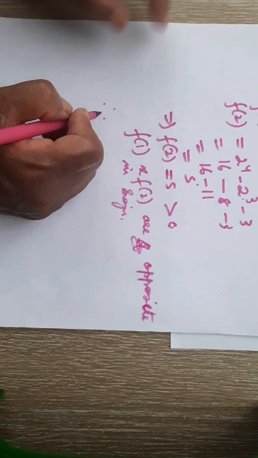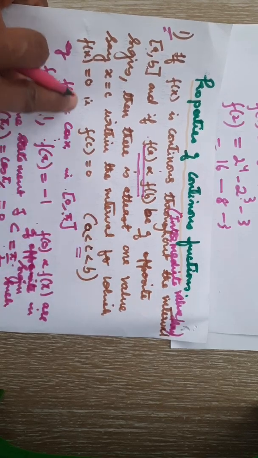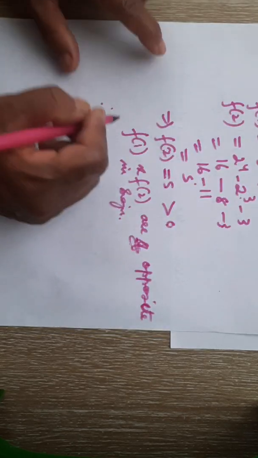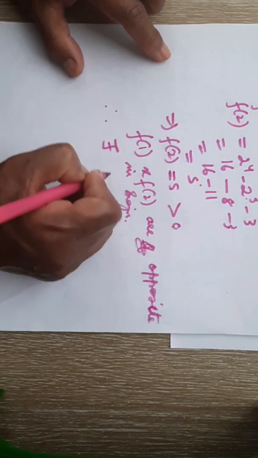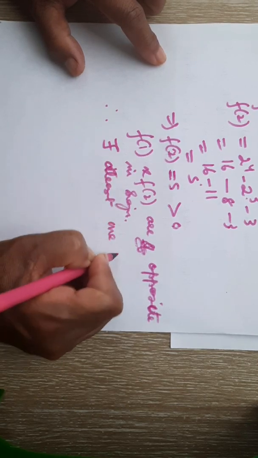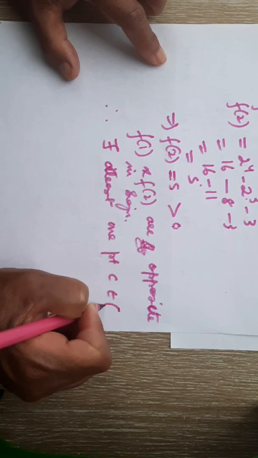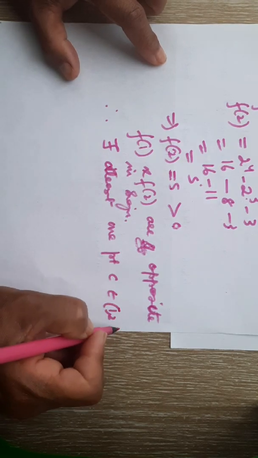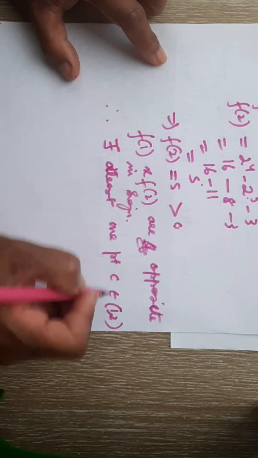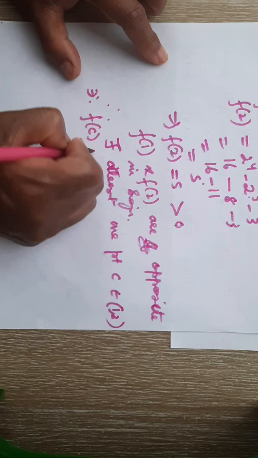Therefore, by the intermediate value theorem, that is the first theorem, there must exist a point c lying between 1 and 2 for which f(c) = 0. So therefore, there exists at least one point c belonging to the interval (1, 2) such that f(c) will become 0.